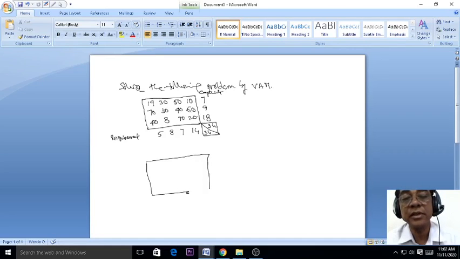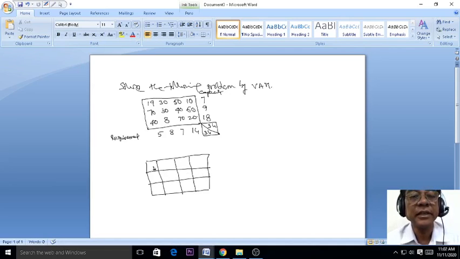So how many rows are there? 3 rows, 4 columns. 1, 2, 3, 4. 3 rows: 1, 2, 3.